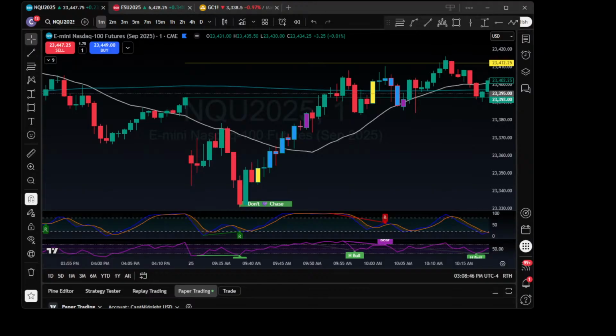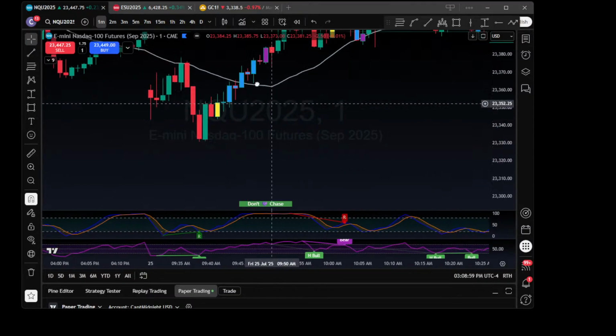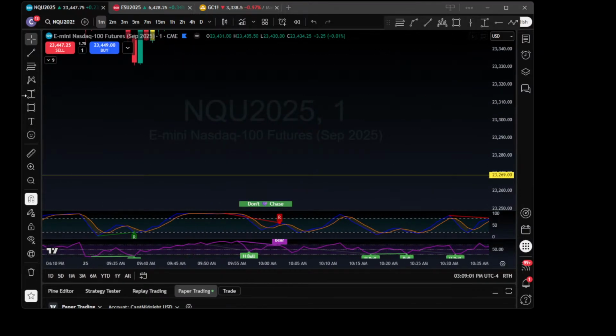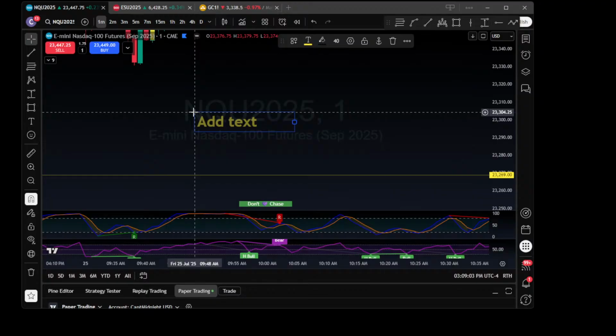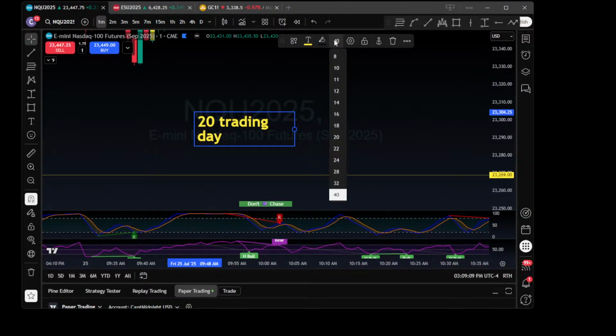Okay, so during the month, we had 1, 2, 3, 4, 5, 6, 7, 8, 9, 10, 11, 12, 13, 14, 15, 16, 17, 18, 19, 20 trading days. We had 20 trading days.